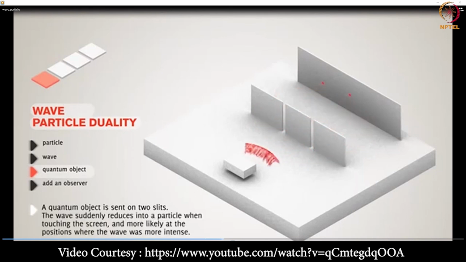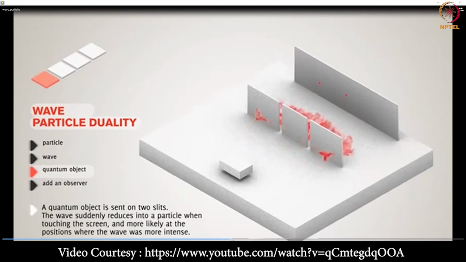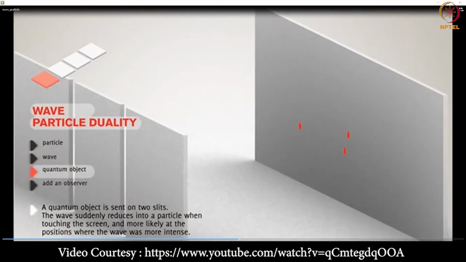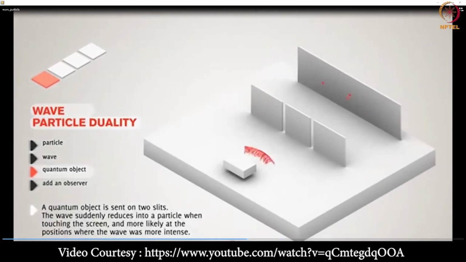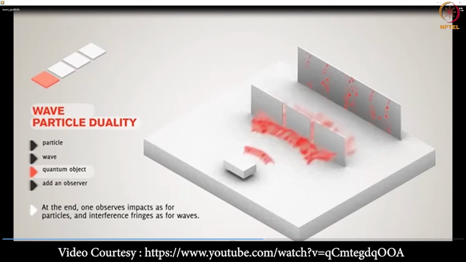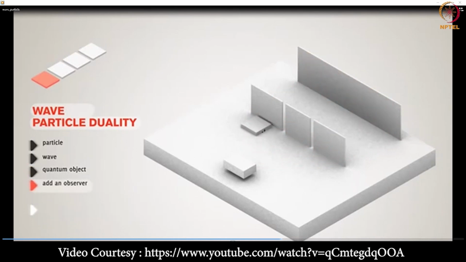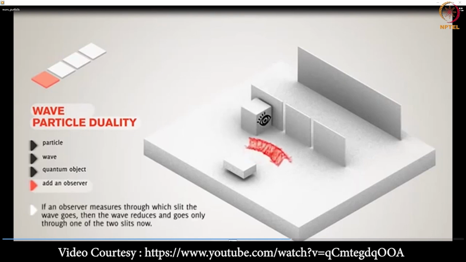So it can be looked upon as a particle, but it has wave-like properties, right? So when you observe, it's a particle, but this particle actually is exhibiting wave-like properties. So let's go back and look at that once more.